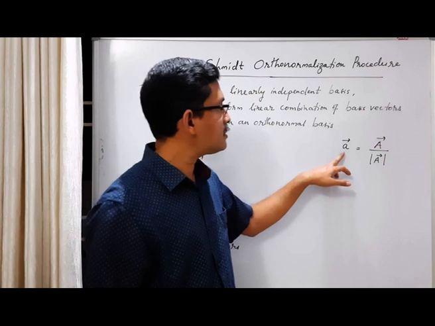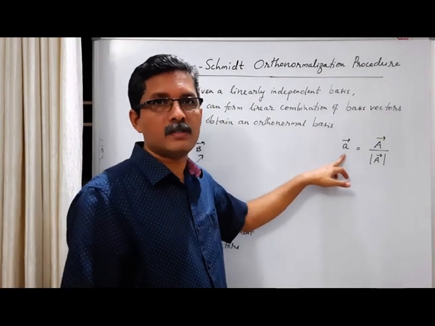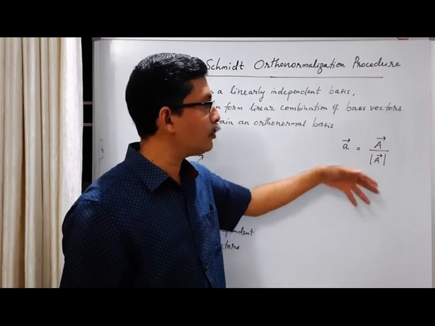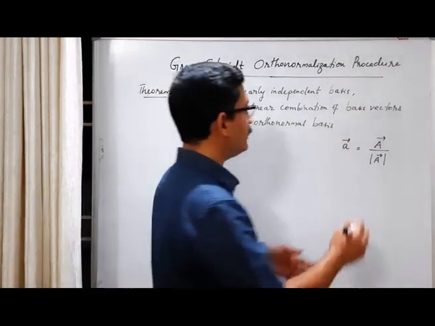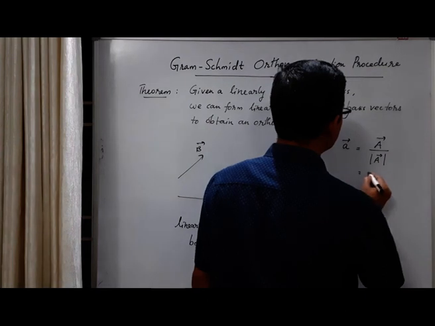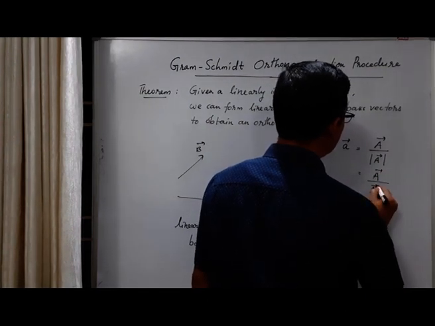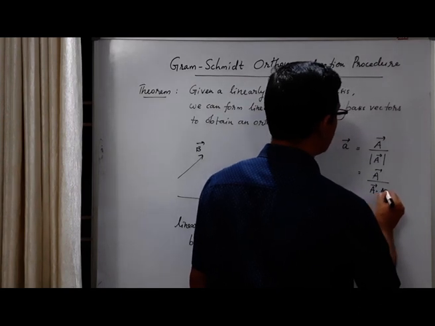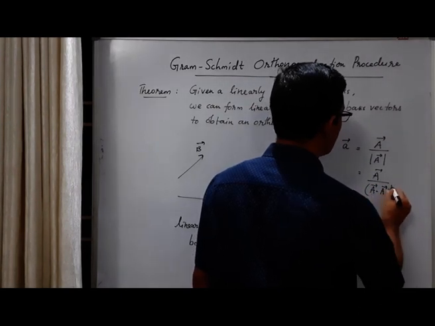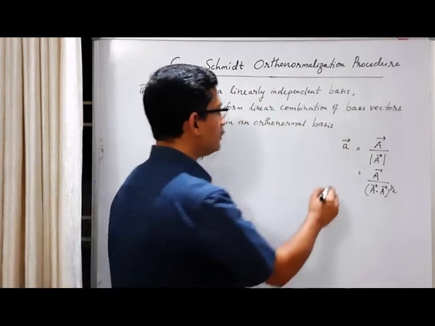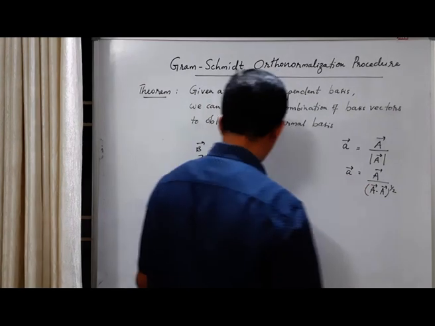Now this is clearly a normalized vector, because we have divided vector A by its own magnitude. Now how do you find the magnitude of vector A? It's very simple. You take the dot product of vector A with itself and then take the square root of A dot A. That is the magnitude of A. So this is a normalized vector.